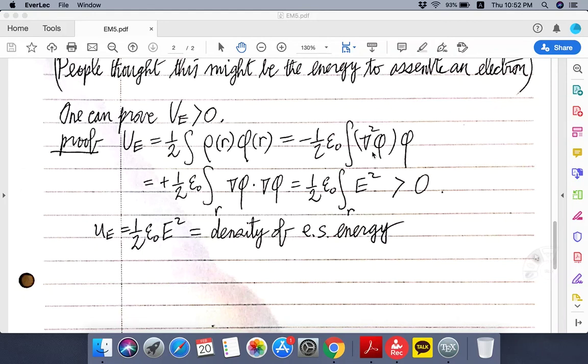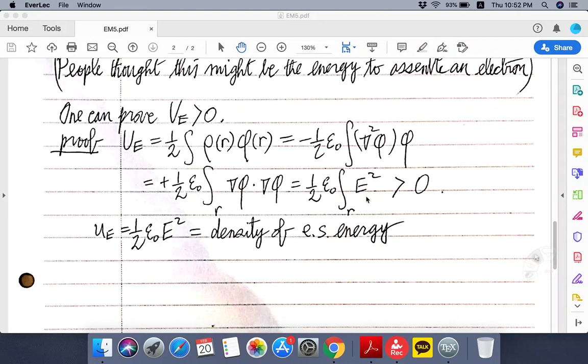But clearly you can integrate this integral by parts, and one of the differential operators then will act on this second potential. So now you have a more symmetric looking expression, which is a gradient of the potential squared. But the gradient of the potential is nothing but the electric field.